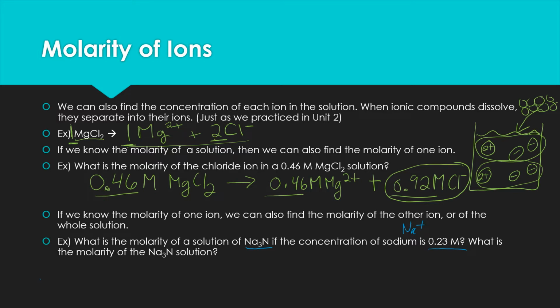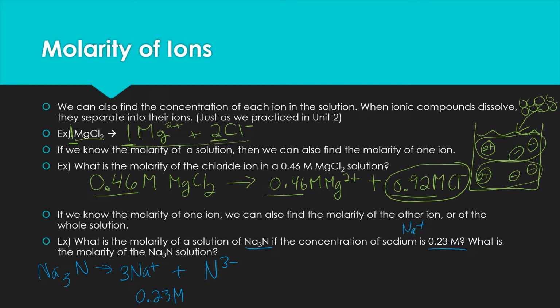So the easiest thing for me has always been to just write my chemical and see how it breaks down. So I've got sodium and I've got nitride. My 3 comes to the front, so I have 3 sodium for every 1 nitride, and nitrogen has a 3 minus charge. So I know my sodium's concentration is 0.23 molar.